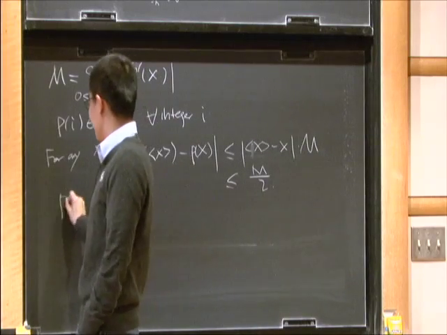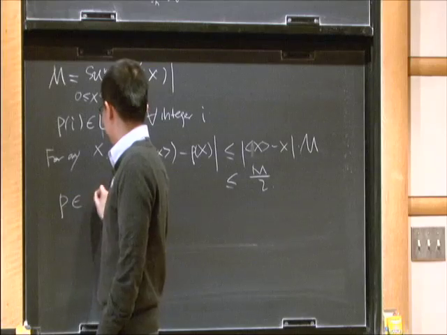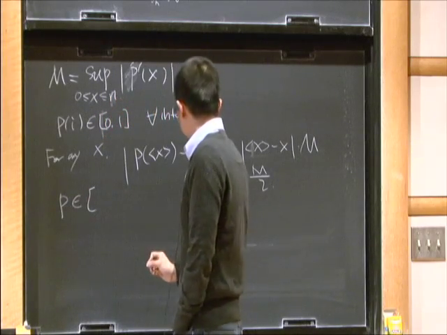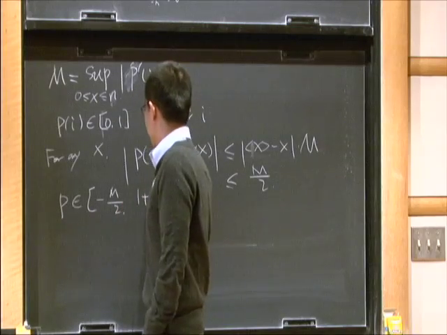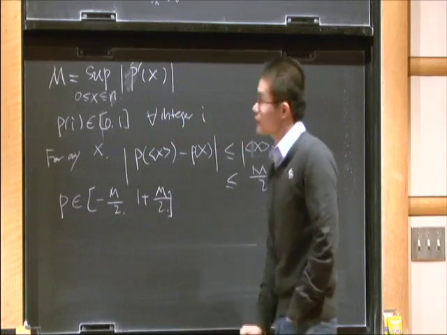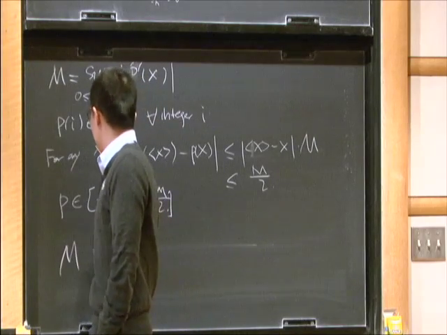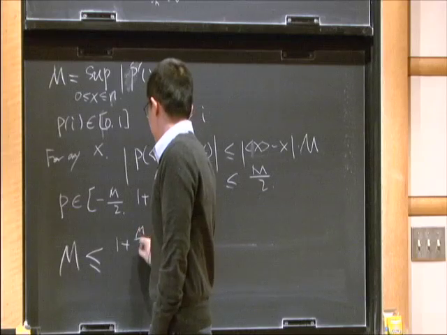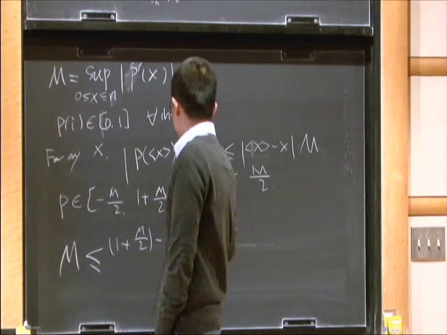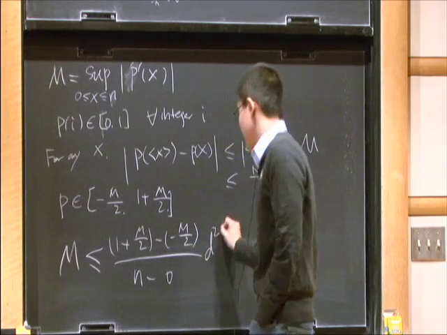So now we know that p as a function on the reals has its value falling into the range of minus m/2 to 1 plus m/2. Now if we apply Markov's inequality, then what we get is m less than or equal to 1 plus m/2 minus negative m/2, divided by n minus, this is the same, this square.